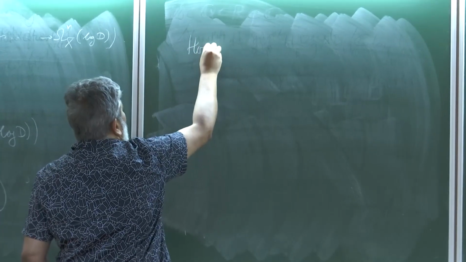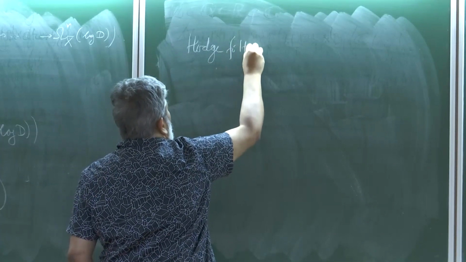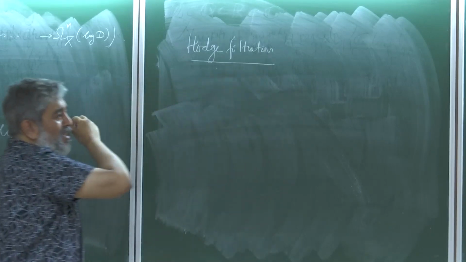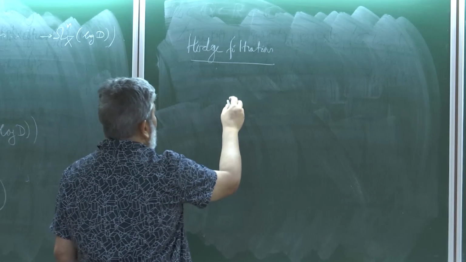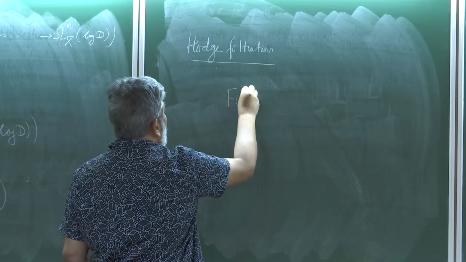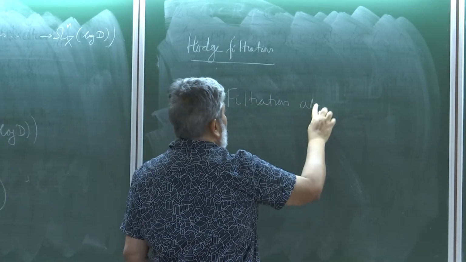So the Hodge filtration was already studied by Hodge, though he didn't do it in the language of spectral sequences, but in some sense the same idea occurs. It is nothing but the filtration associated with the spectral sequence.